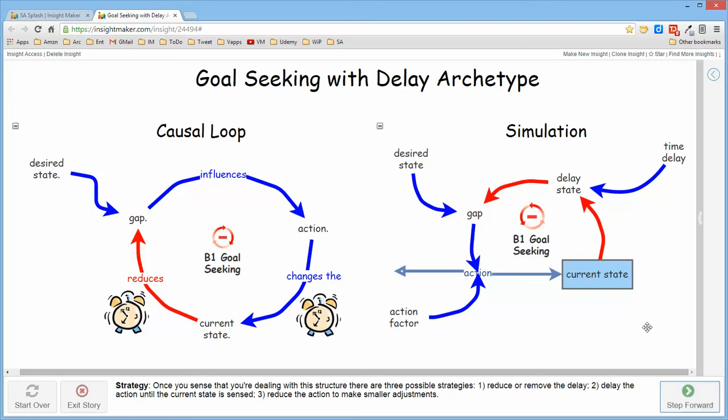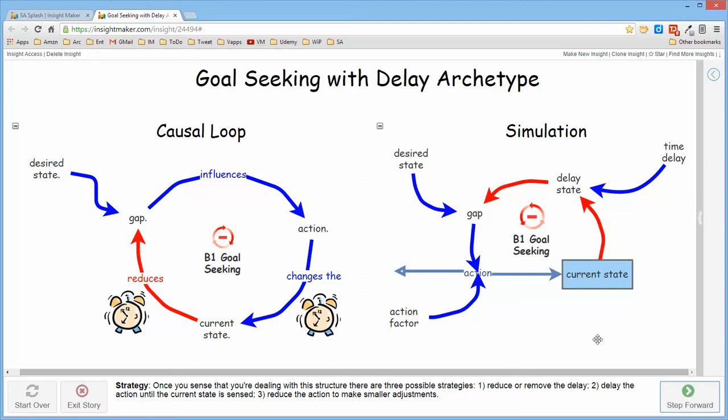Now, if you sense that you're dealing with a goal-seeking with delay structure, there are essentially three approaches to dealing with it. You can attempt to reduce or remove the delay. In some instances, that's possible. In some, it's not.